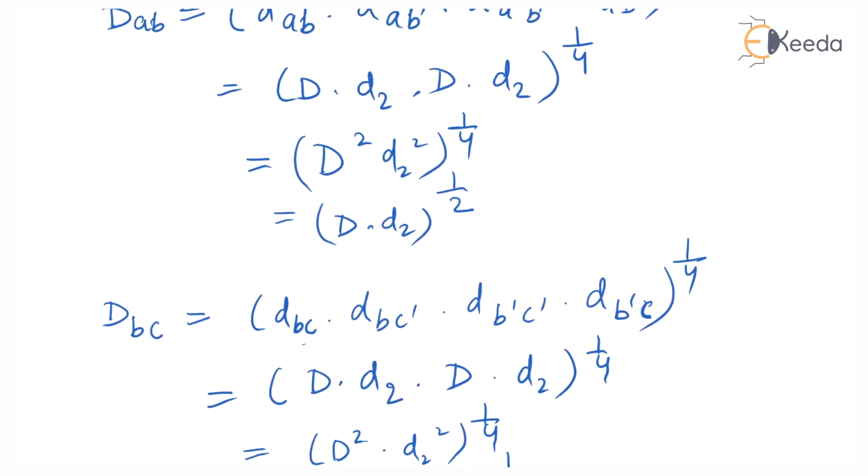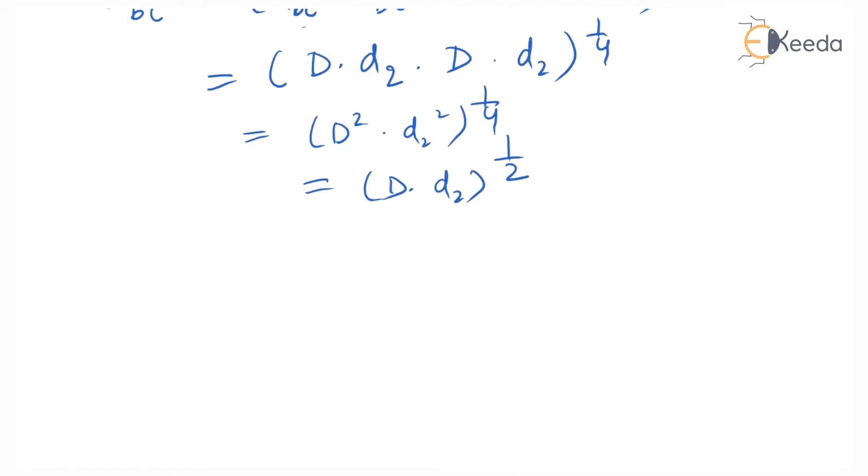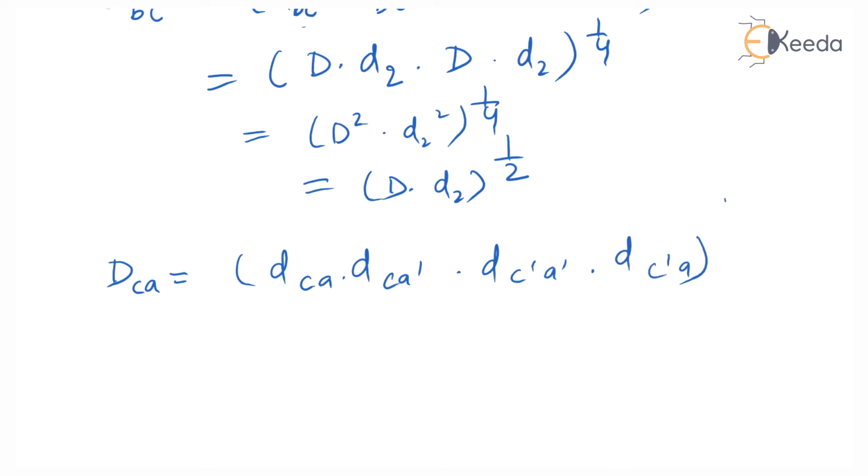Now the distance A to B is equal to B to C, but the distance from C to A is different. So this is equal to the distance from C to A into the distance from C to A dash into the distance from C dash to A dash into the distance from C dash to A, to the power 1 by 4.